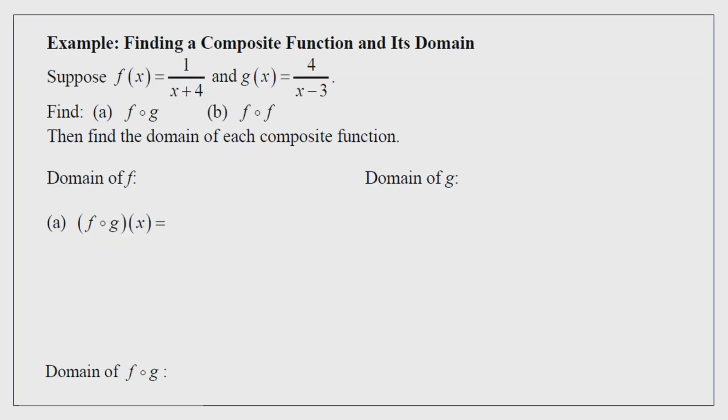All right, let's do another one. Suppose f of x equals 1 divided by x plus 4, and g of x equals 4 divided by x minus 3. This is similar to the one that we just did. We want to find f composed with g and f composed with f, and then find the domain of each composite function.